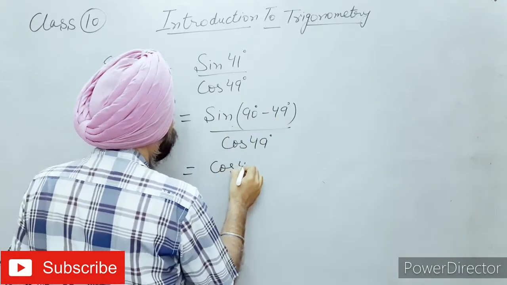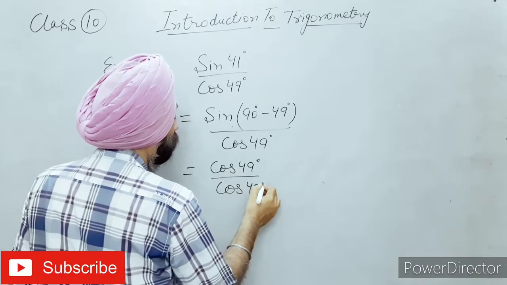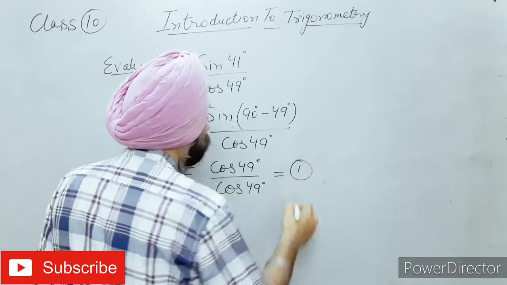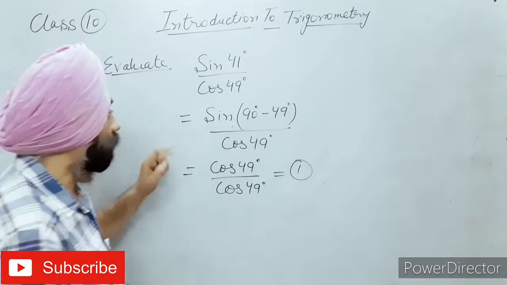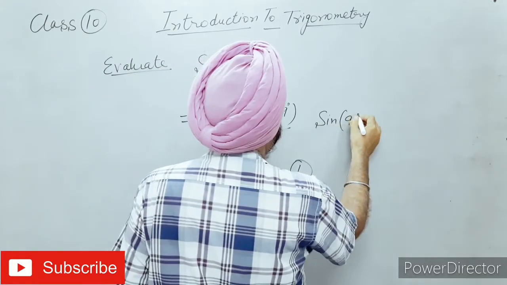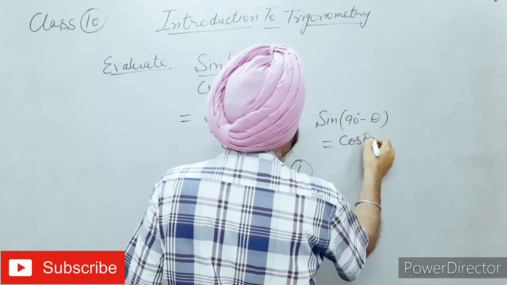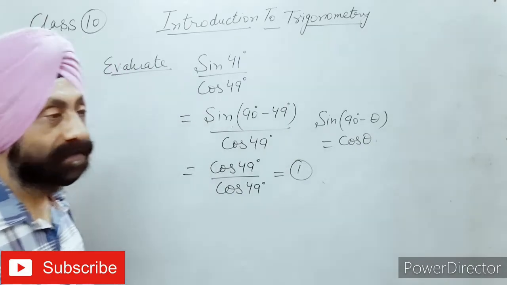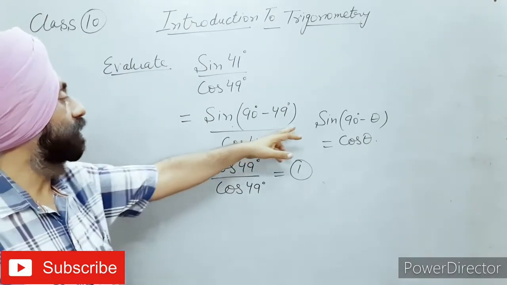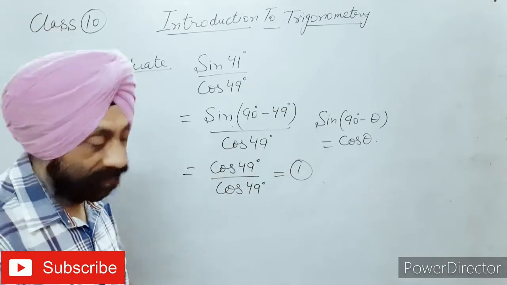It is cos of theta divided by cos of 49 degrees. The answer is 1. What I have used here is sine of 90 degree minus of the angle is cos of theta. This is the fact which I have used. This is the concept I have used in this question, right?